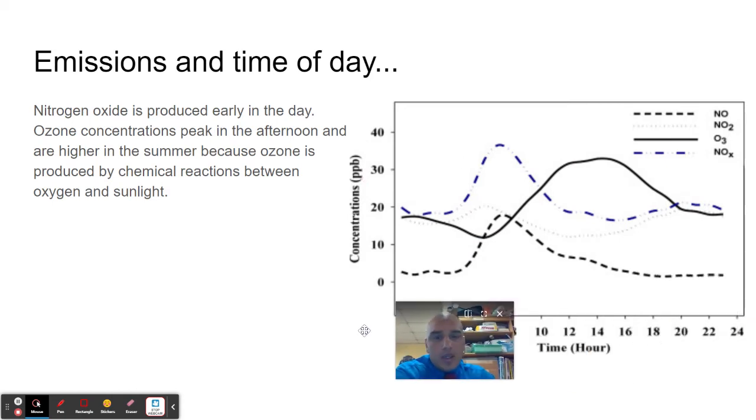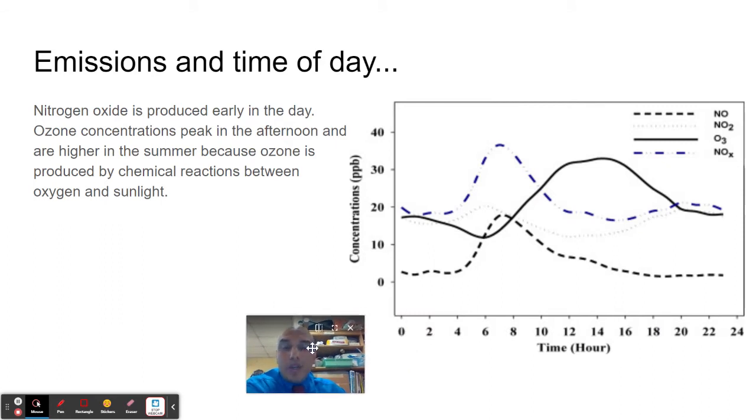So it relates to photochemical smog. It also relates to time of day, and particularly the two culprits that are involved. Like we talked about, nitrogen oxides and VOCs make photochemical smog, but ozone is another component, a secondary pollutant caused during the formation of photochemical smog.